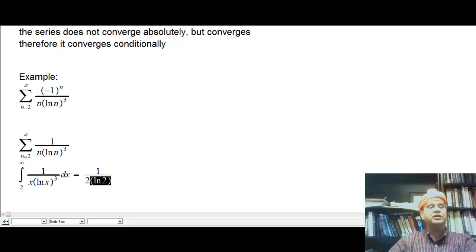That's what it meant. So this is convergent. It converges absolutely. So it converges, right? Makes sense? As you take the limit as x goes to infinity, the value will be 0, and at 2 the value will be that expression when you compute the integral, right? And you remember how to compute the improper integrals, right?